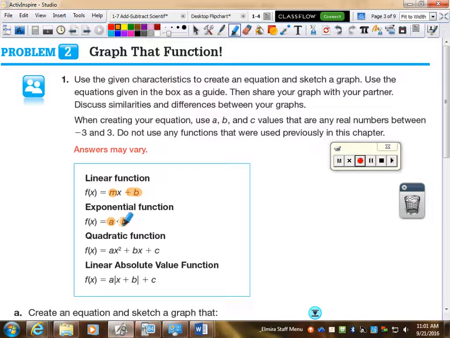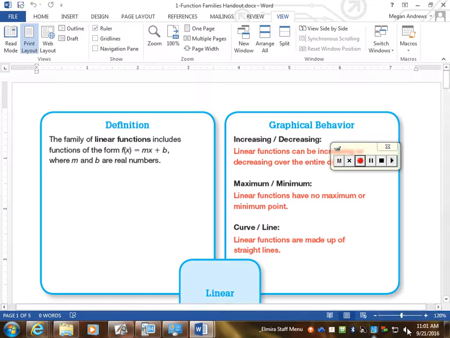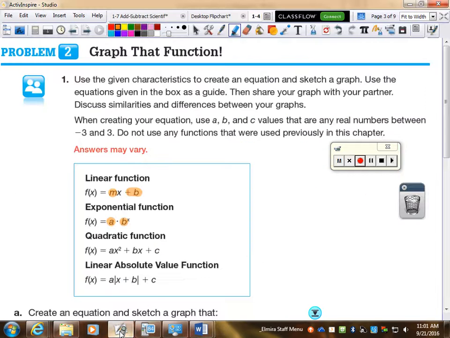Again, I'm going to encourage you to have this chart out and looking at it, because extra information we wrote here might help you, but the chart itself is going to help you as well. So I would recommend having that out. Okay? Quadratic, a, b, and c are things that you can make up. Keep in mind, quadratics have an exponent of 2.